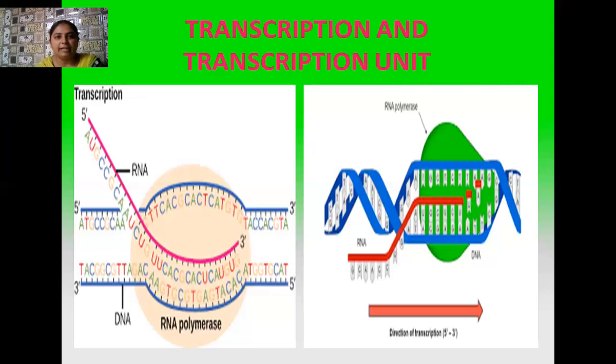Here it comes in contact with another factor known as the Rho factor. As we know, RNA polymerase is the enzyme that causes the polymerization of RNA. As soon as it reaches the terminator region, it binds with the Rho factor.